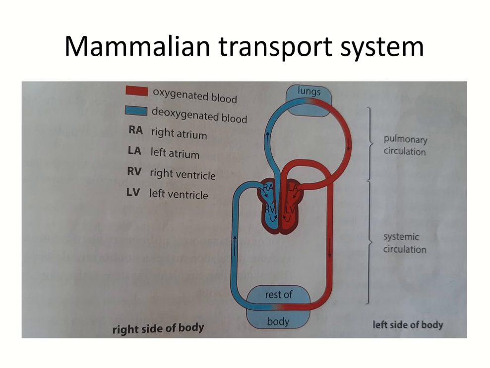That oxygenated blood enters into the heart. From heart it is transported to the rest of the body. Then from rest of the body, deoxygenated blood is again collected, poured into the heart, from where it is again pumped into the lungs. So it is a complete cycle.